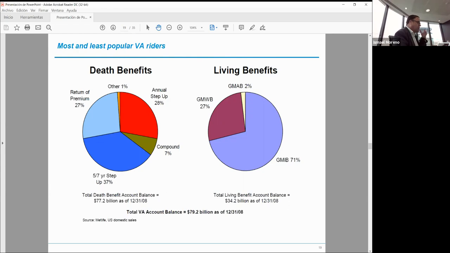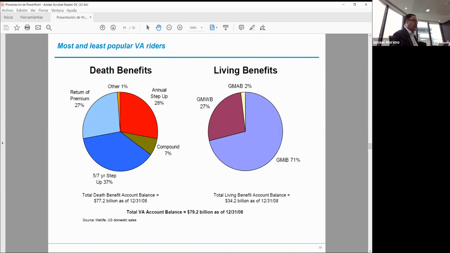So in 2008, the most popular living benefit among Americans was the GMIB. The GMIB. Remember, the guaranteeing of a minimum pension account, and the classic death benefit was a death benefit with a 5 to 7 year step up.